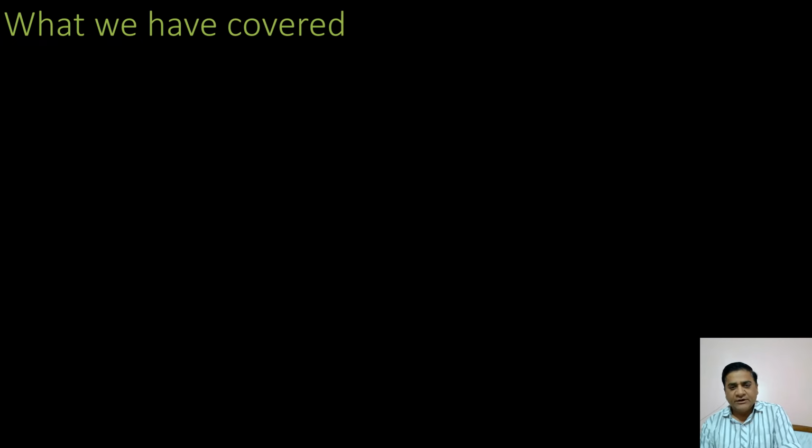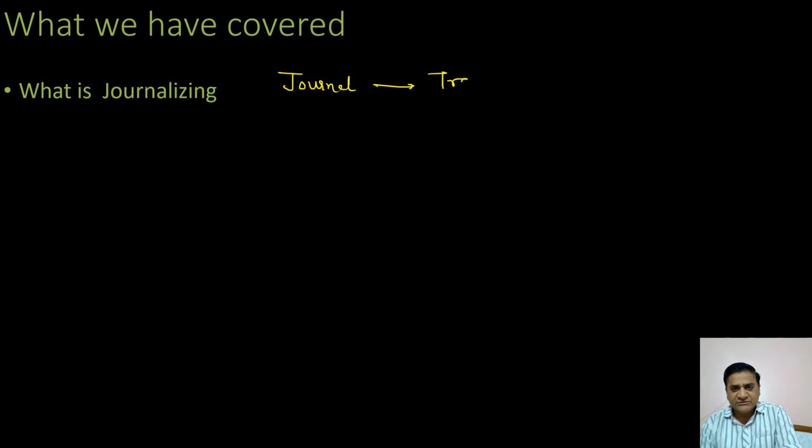In the last video, we have seen what journalizing means, right? Journalizing is nothing but there is a book called journal wherein we write the transactions that happen in a business in the language of debit and credit.